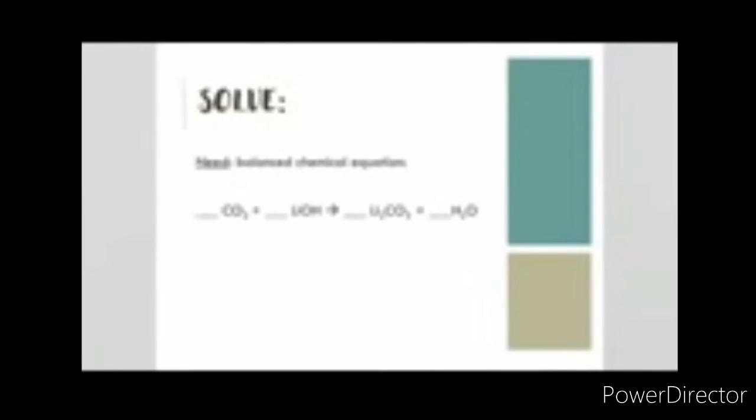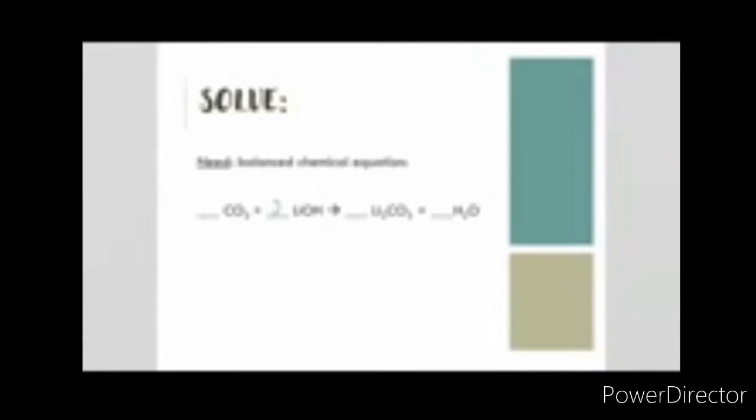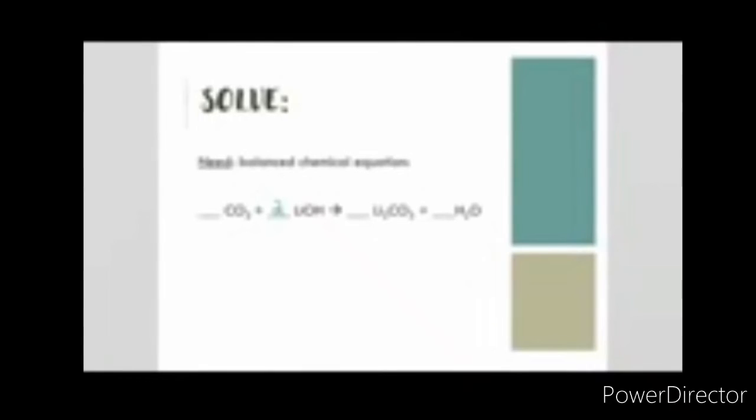We have 1 lithium, but 2 lithiums, and then we have 1 hydrogen and 2 hydrogens. So the first thing that I would balance would be the metal ion. So I'll put a 2 here. That's going to give me 2 lithiums. It's also going to give me 4 oxygens, which matches over here, and 2 hydrogens, which matches over here. So now our equation is balanced.